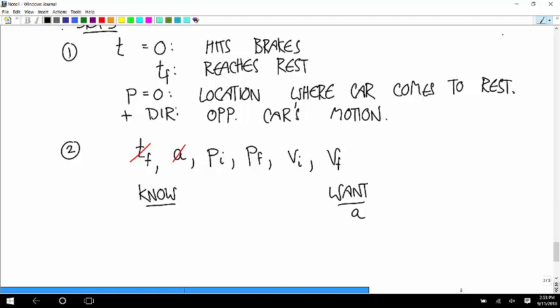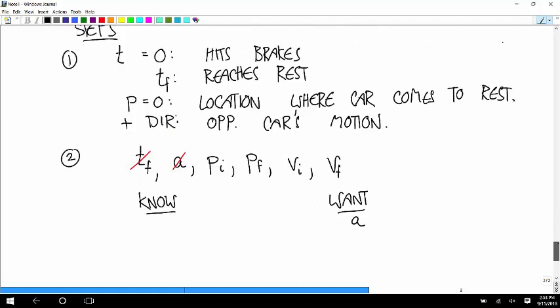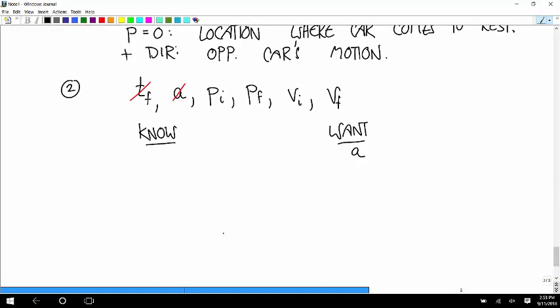So now, if you think about the motion, the car is still going this way, right? This is where the car hits the brakes. This is where the car comes to rest.